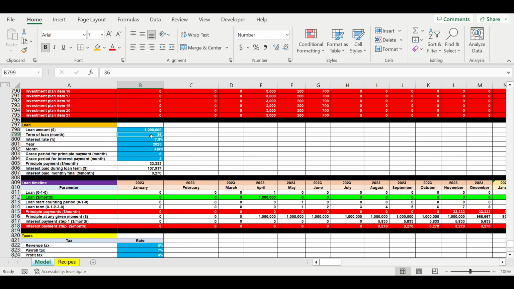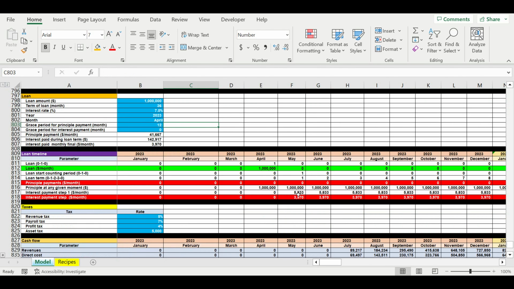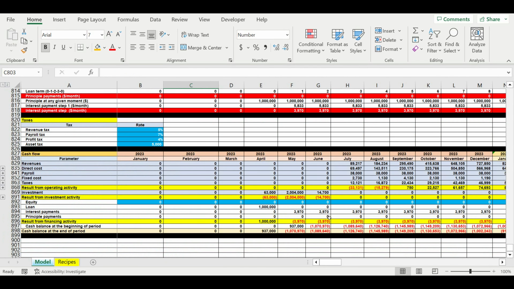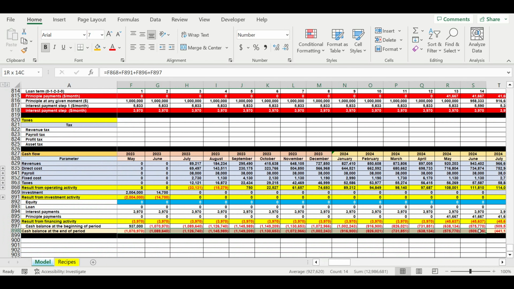The loan term will be 36 months. For principal payments I will have a 12-month grace period. I will be paying interest right from the first month. So here we can see this loan, but we can see that we still have a cash gap here.